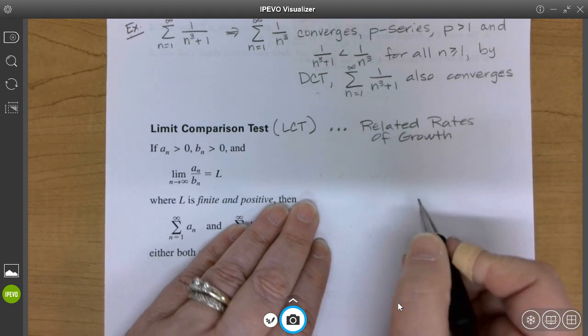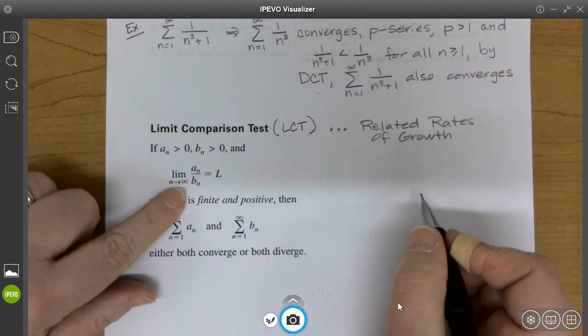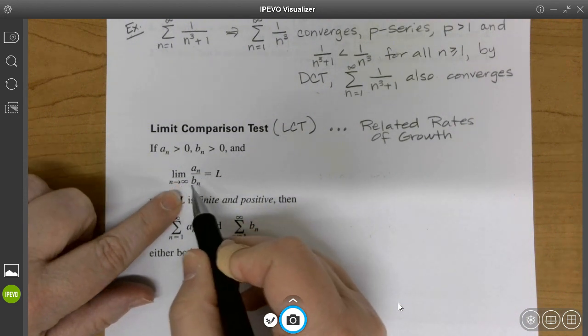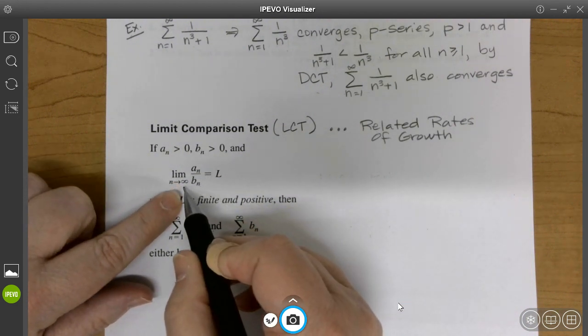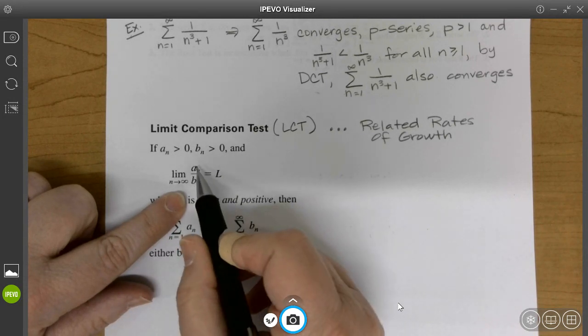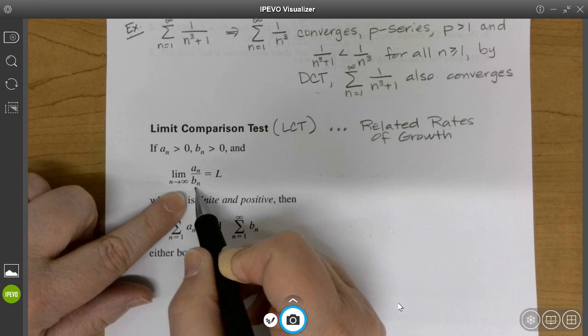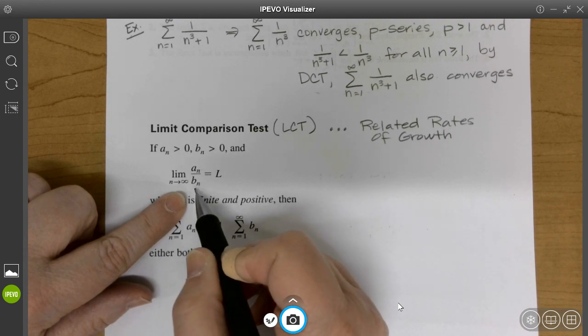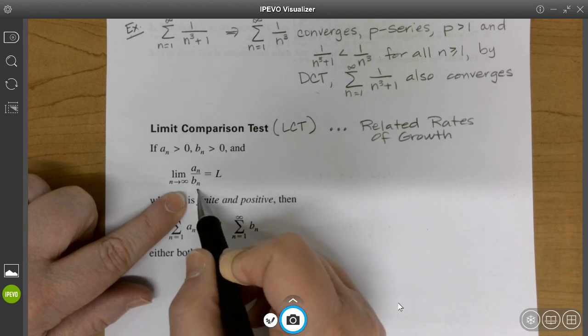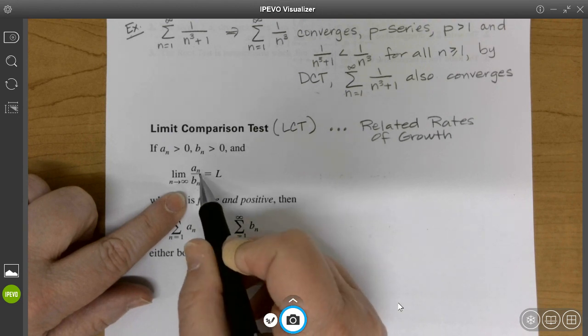And remember, when we did related rates of growth, what did we do? If we had a function over another function and we took the limit as x went to infinity and we got infinity, that meant the function on top was growing faster than the function on the bottom. And if the reverse were true, if I had the limit equaling 0, then the function on the bottom was growing faster than the one on top.